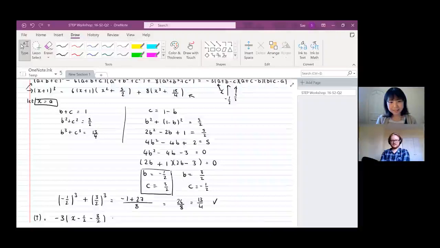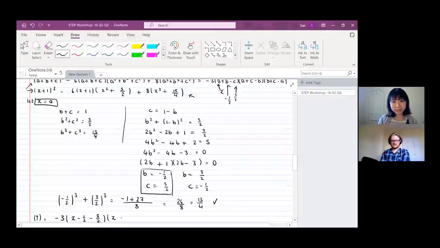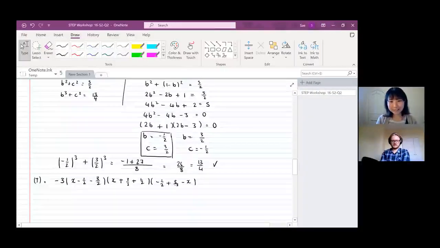Okay. We have x plus 3 over 2 minus... minus is a plus a half. Then we have minus a half plus 3 over 2 minus x. I'm sorry, you probably can't see that. Hopefully you can now. And this is minus 3, x minus 2, x plus 2, and then 1 plus x.